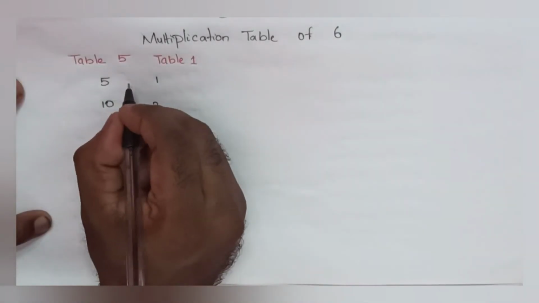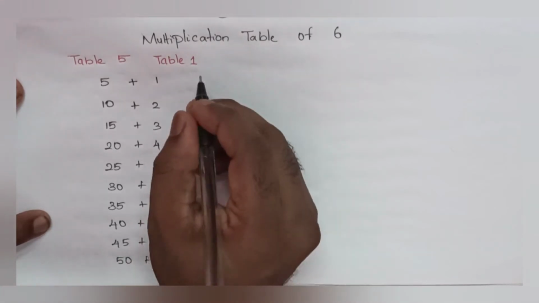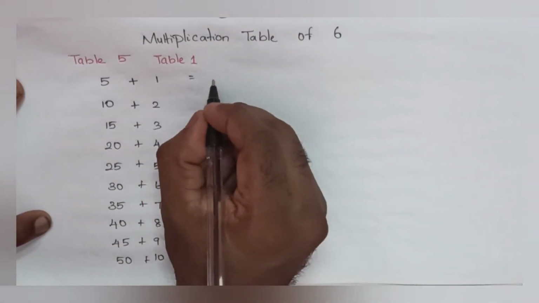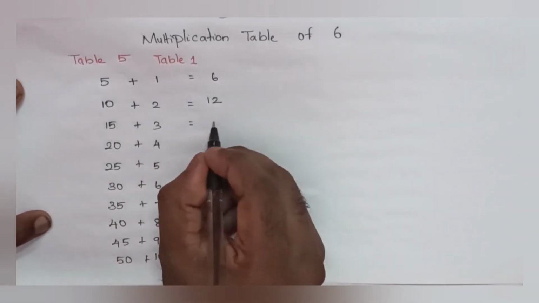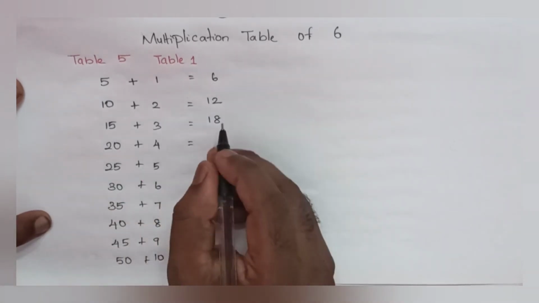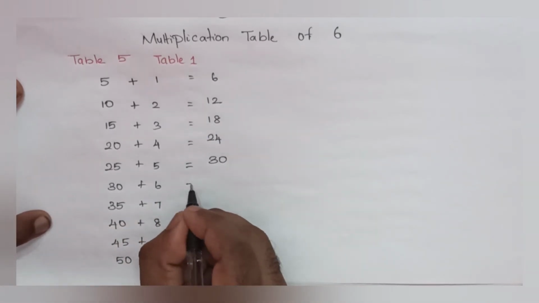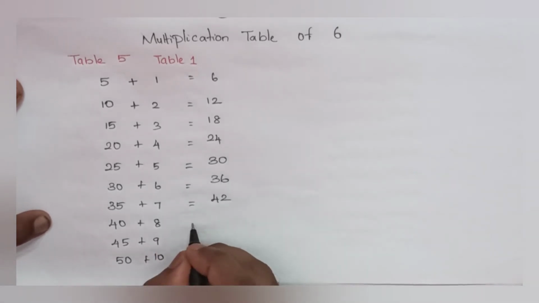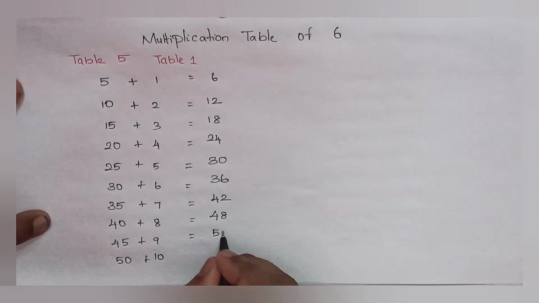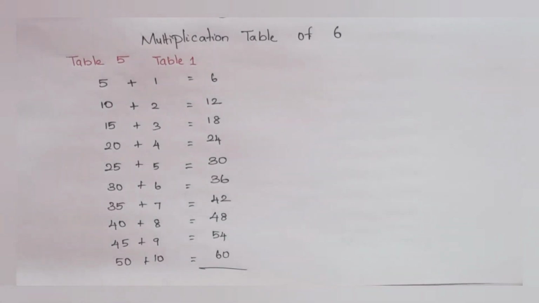Now you have to add both the numbers. 5 plus 1 is 6, 10 plus 2 is 12, 15 plus 3 is 18, 20 plus 4 is 24, 25 plus 5 is 30, 30 plus 6 is 36, 35 plus 7 is 42, 40 plus 8 is 48, 45 plus 9 is 54, 50 plus 10 is 60. That's all. This is the easiest way.